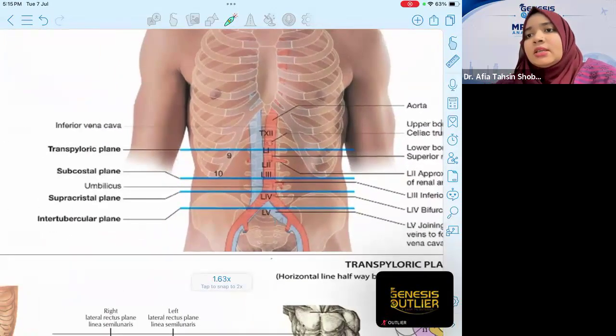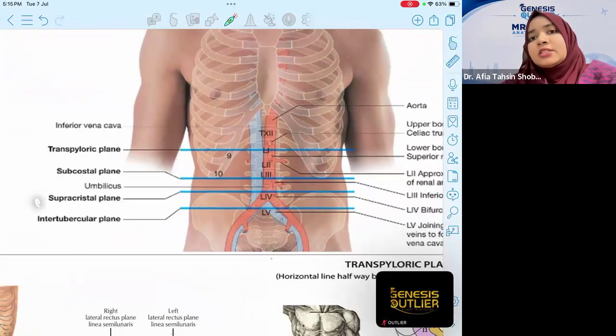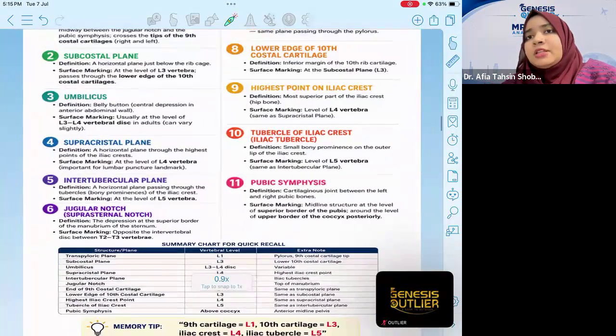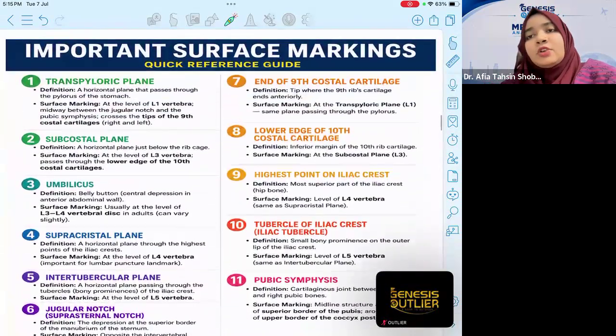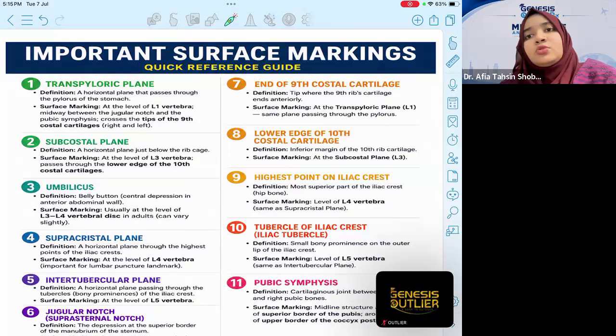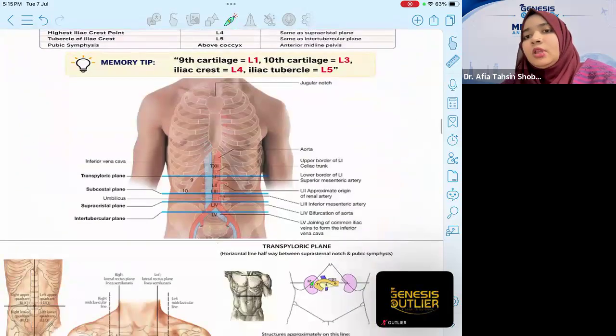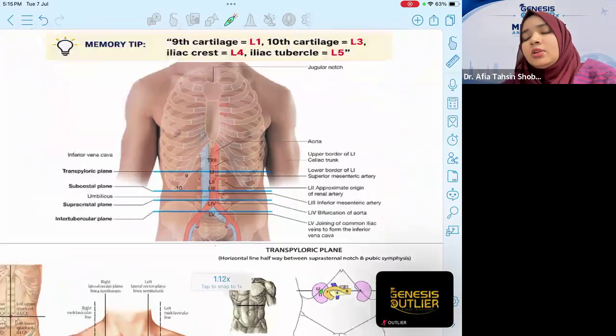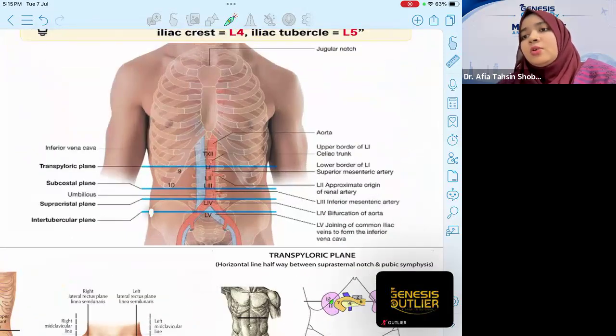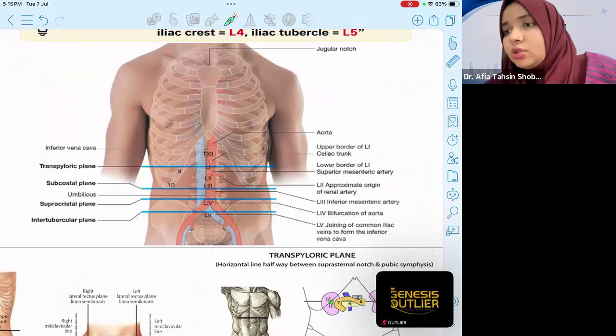Then if you have to know the supracristal line, the highest point of the iliac crest, through this the supracristal line is passing. And the subcostal plane is passing at the level of L3, through the lower edge of the 10th costal cartilage. The tubercle is not important actually.